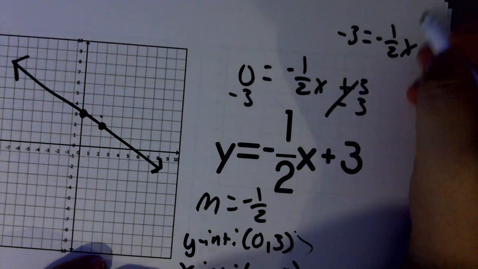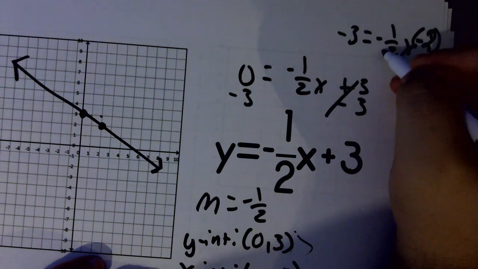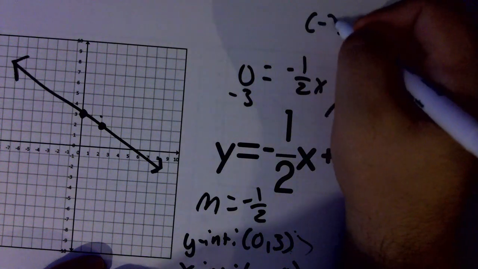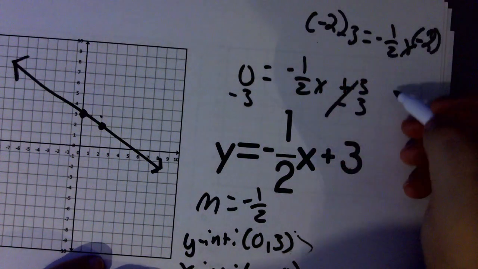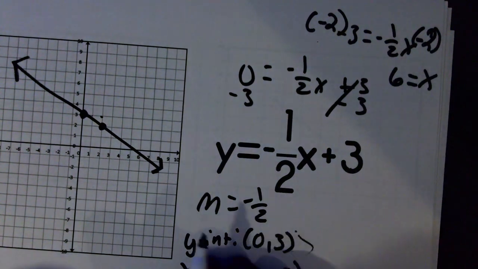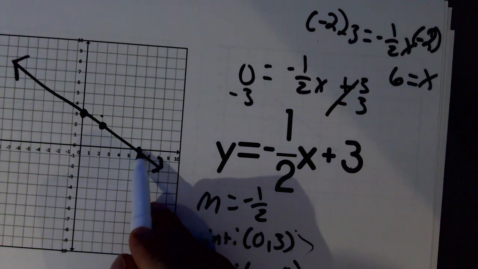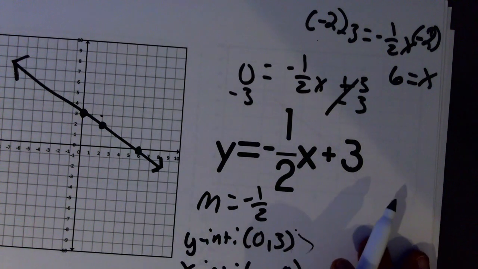Multiply both sides by negative 2, kind of multiply by the denominator. Negative 2 times negative 3 is 6. So my x-intercept is 6. And I'm a little off here. I didn't use a straight edge. It should have gone right through 6.